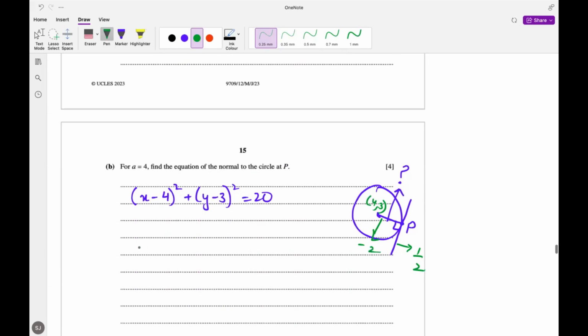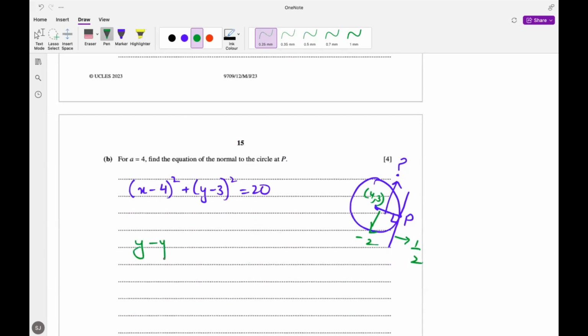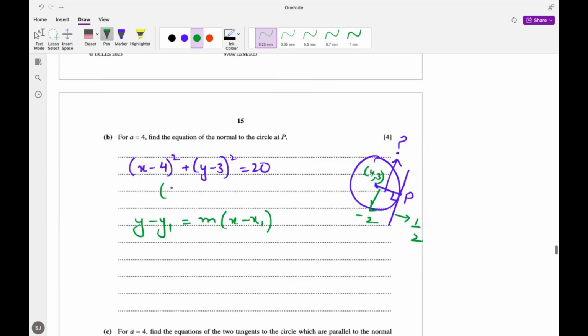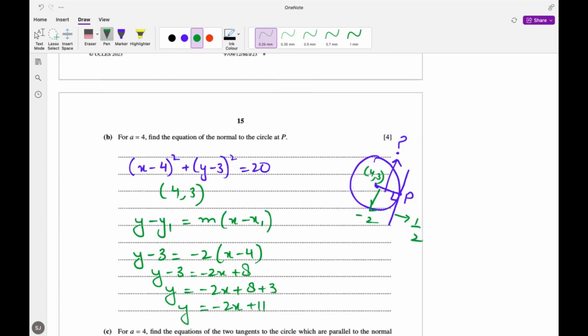So now we can write the equation using the formula y minus y1 equals m into x minus x1. So the center point is 4 comma 3, so we'll use y1 as 3. So this will be y minus 3 equals minus 2 into x minus 4. Simplifying this, we get y minus 3 equals minus 2x plus 8. So the final equation will be y equals minus 2x plus 8 plus 3, which is y equals minus 2x plus 11.